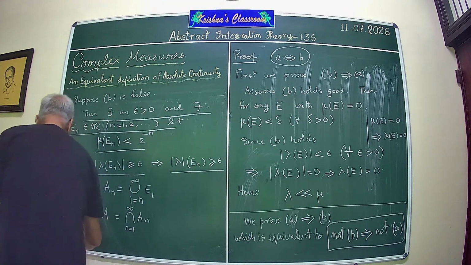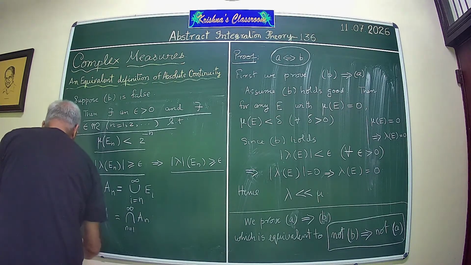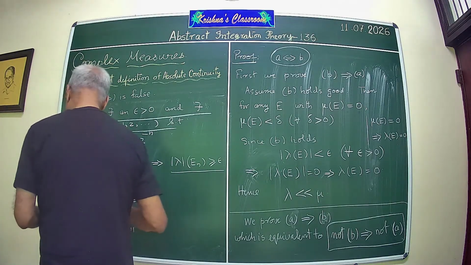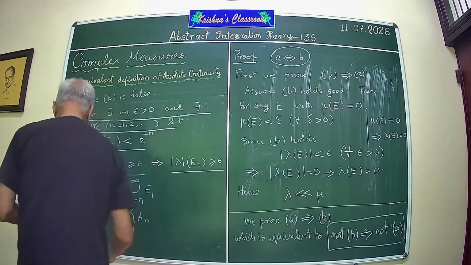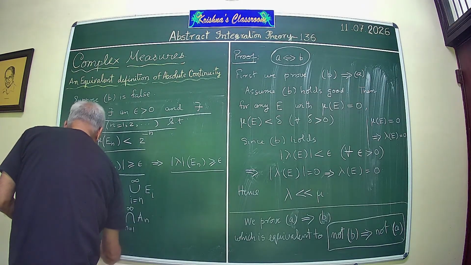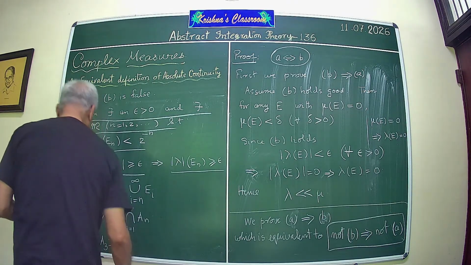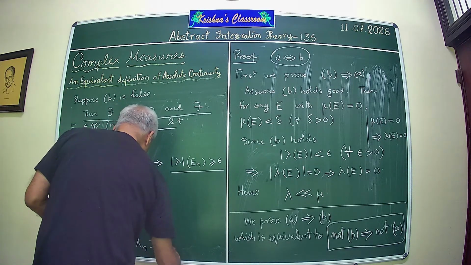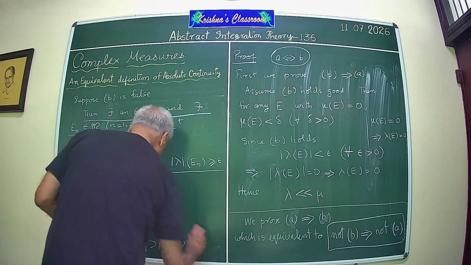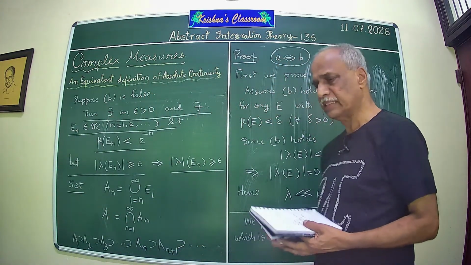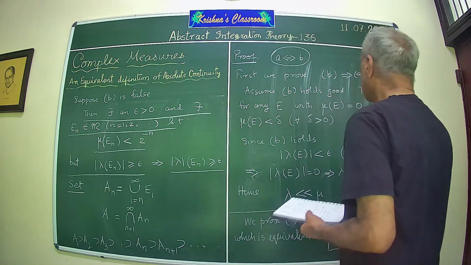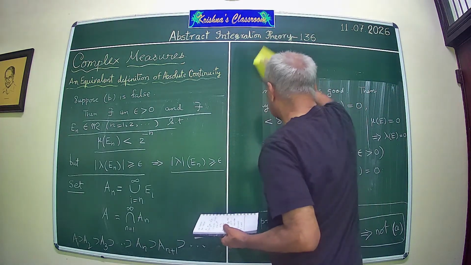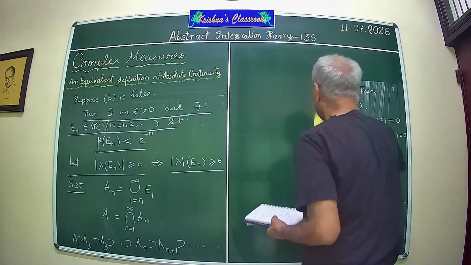A1 is the smallest. A1 is the smallest. This relation we have. That's clearly so from our construction.